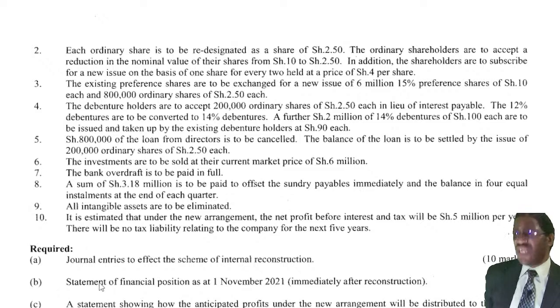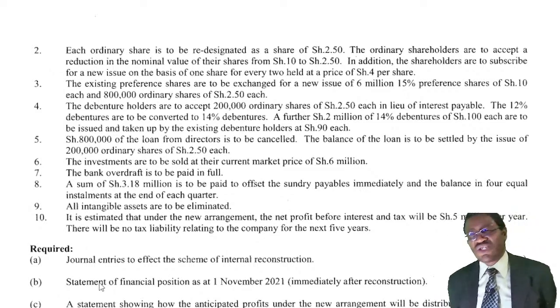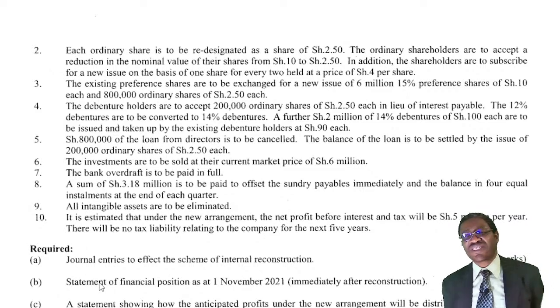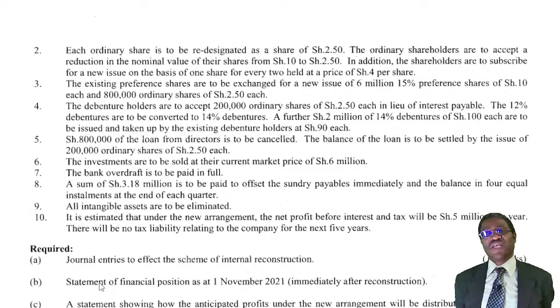So they must have issued 20,000. For us to get a nominal of 2 million shillings, when one debenture had a par value of 100, the company must have issued 20,000 debentures.